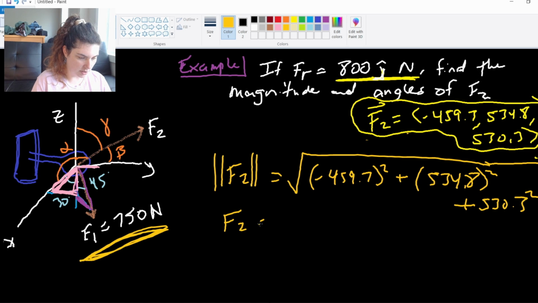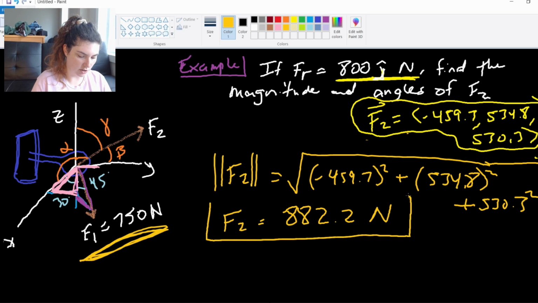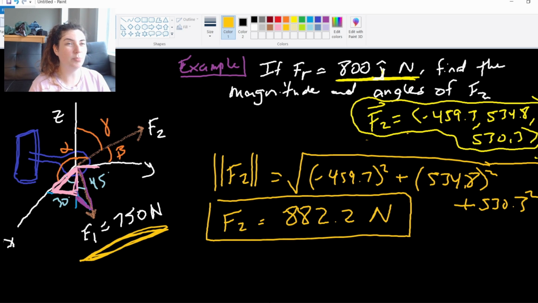And if we punch that in a calculator, we end up with 882.2 newtons. That is our magnitude. Now the tricky part is, instead of like in a two-dimensional system where we would just have a theta angle to find, we have to backtrack and find three separate angles. We have to find alpha, gamma, and beta.